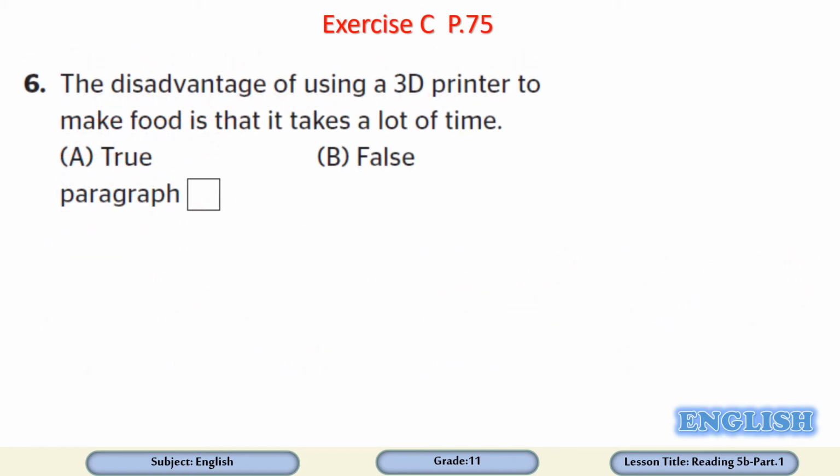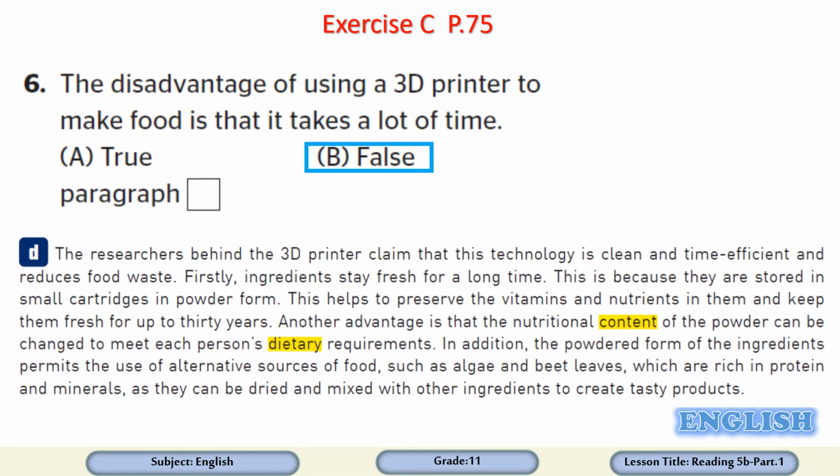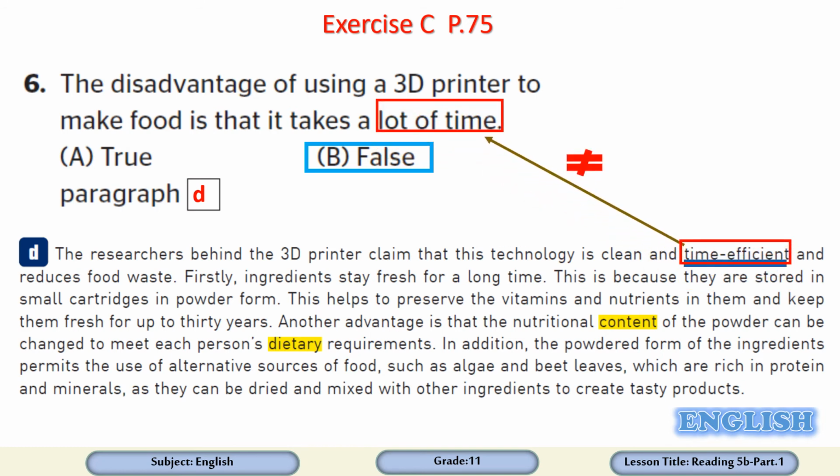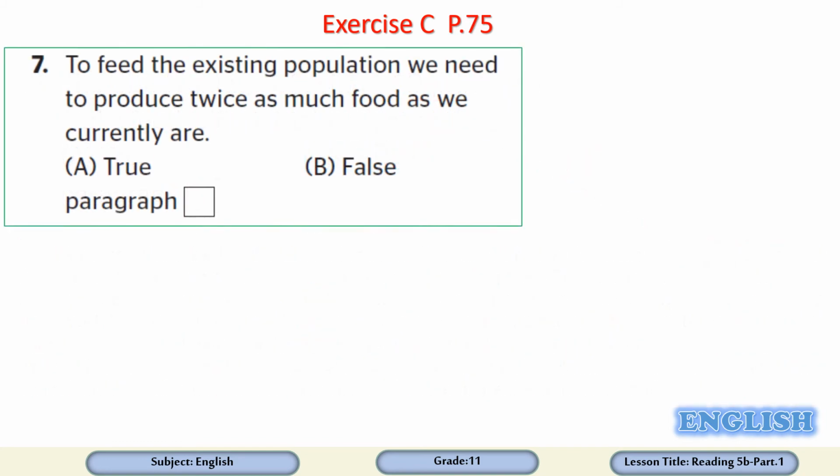Number 6. What was your answer? Excellent, it's false, and the answer is in paragraph D. Very good. What does the paragraph say? Time efficient, and the statement says it takes a lot of time. So the statement is false. Statement 7 now. What was your answer? Yes, good.